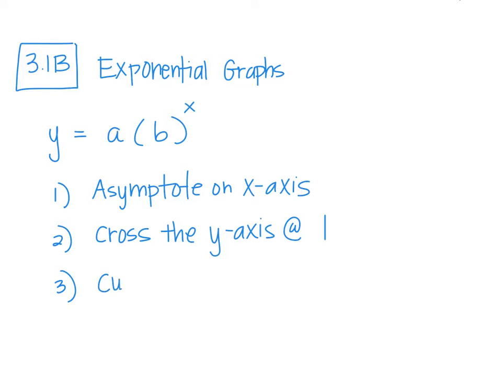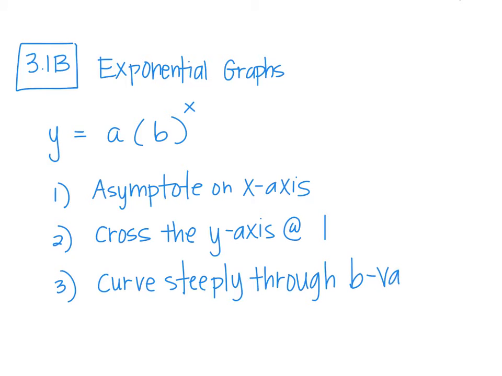It will curve steeply through the b value, whatever the b value is in your equation. All right, those are the things that will always be the same about an exponential. So I'd like you to go to a grid now, and we're going to draw the things that will be the same about an exponential graph.